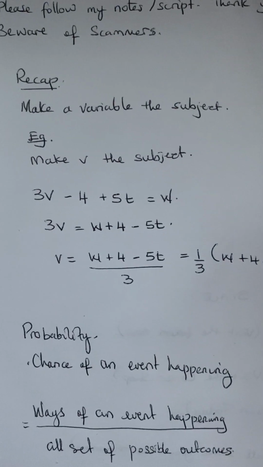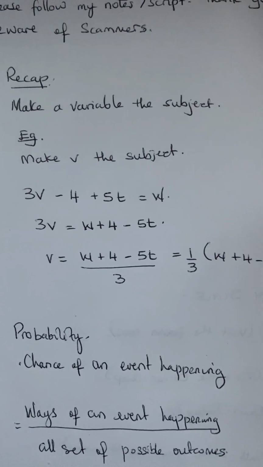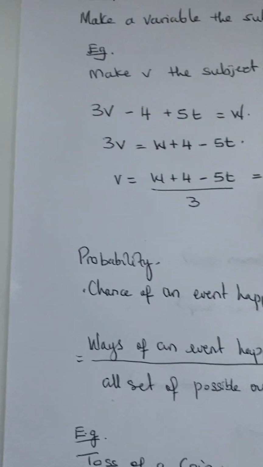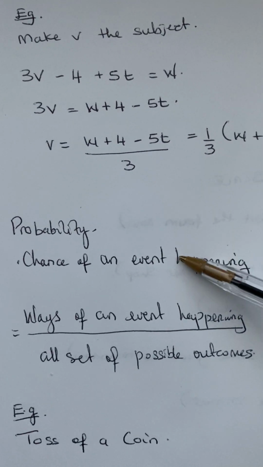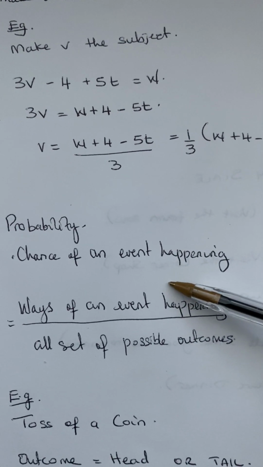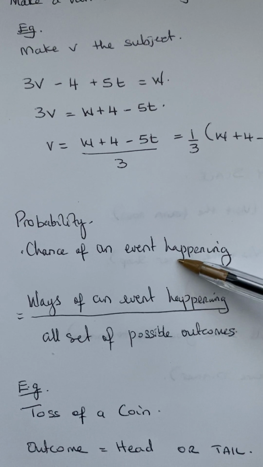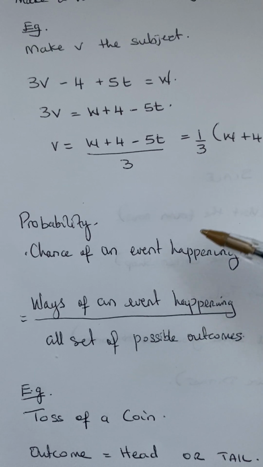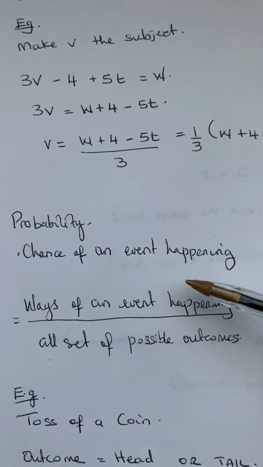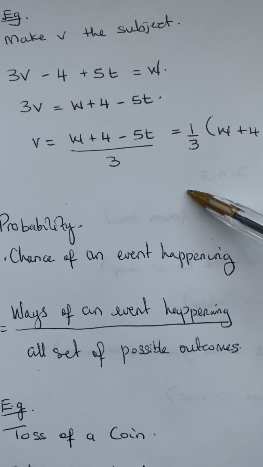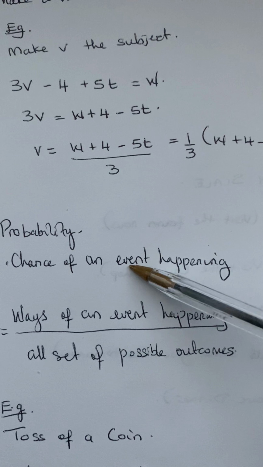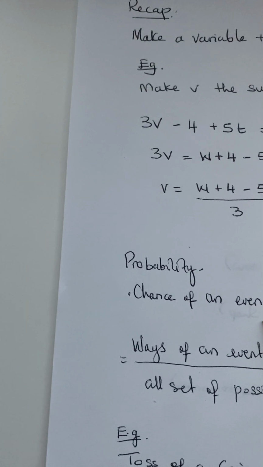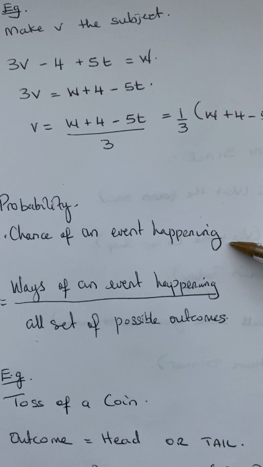We've done some probability before, but it's just the basics. So today I'm quickly going to take you through probability, and then I'm going to show you what we want to do. Probability is the chance of an event happening.